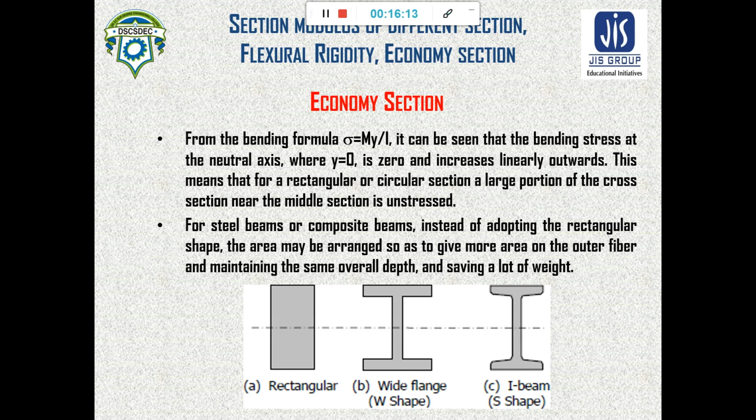In the concept of economy section, for steel beams or composite beams, instead of adopting the rectangular shape, the area may be arranged so that it gives more area on the outer fiber while maintaining the same overall depth, and it saves a lot of weight.